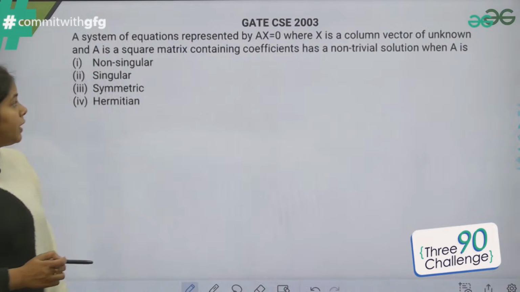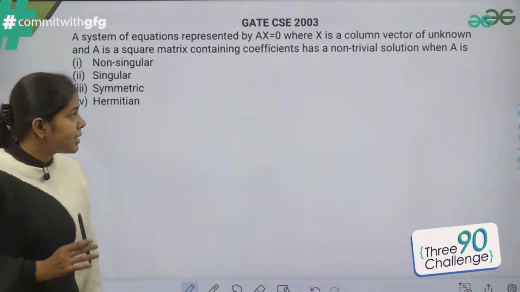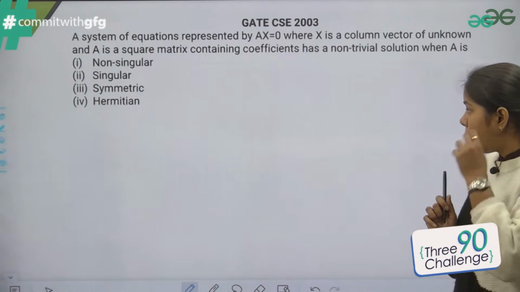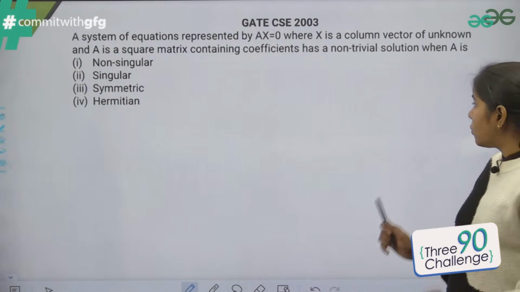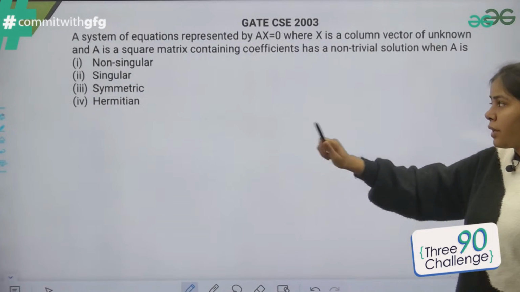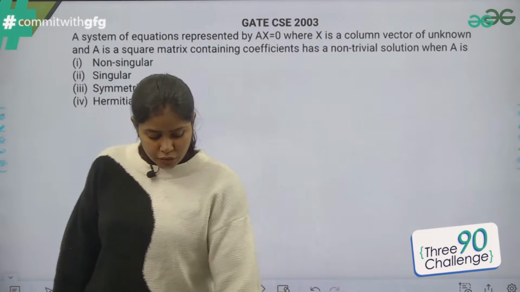A system of equations represented by A into X equals 0, where X is a column vector of unknowns and A is a square matrix containing coefficients, has a non-trivial solution when A is non-singular, singular, symmetric, or Hermitian. Tell me which of the options is true.